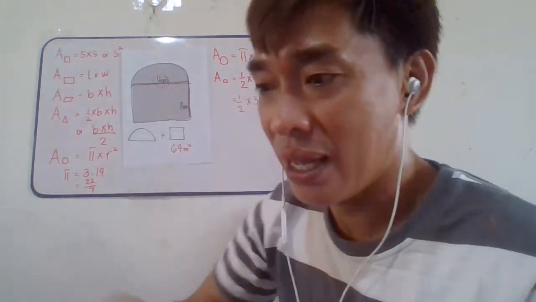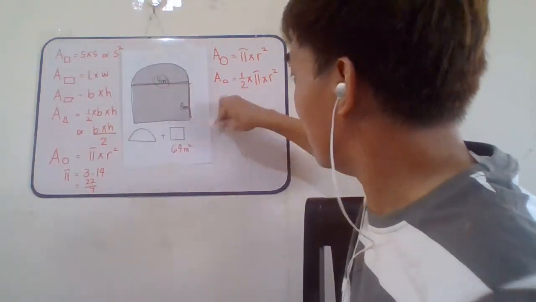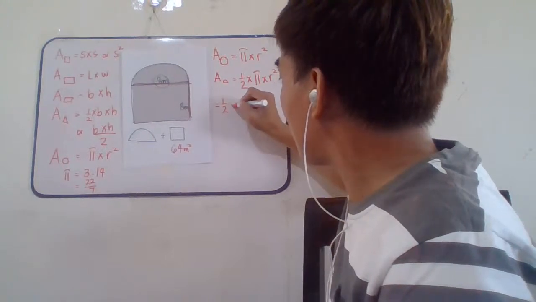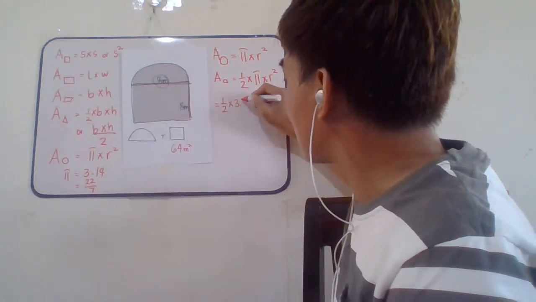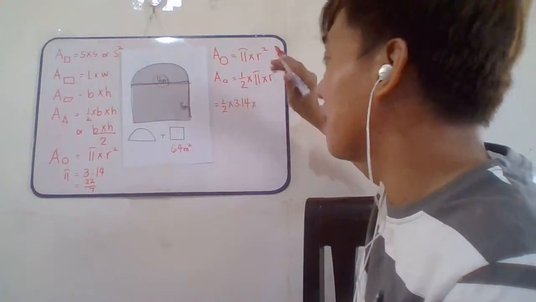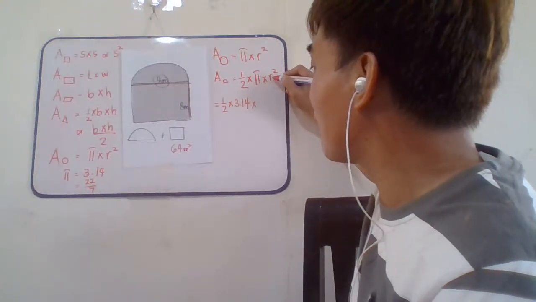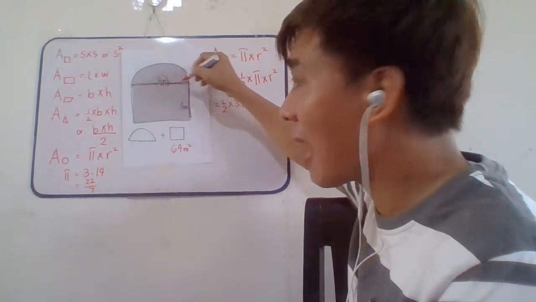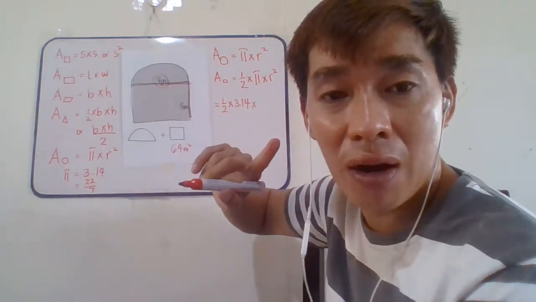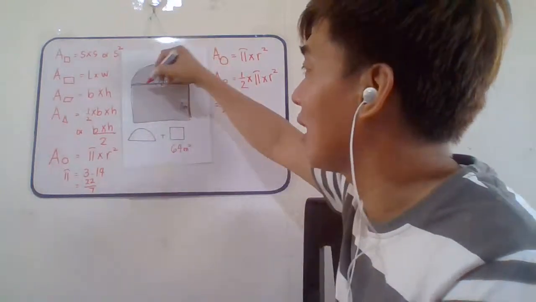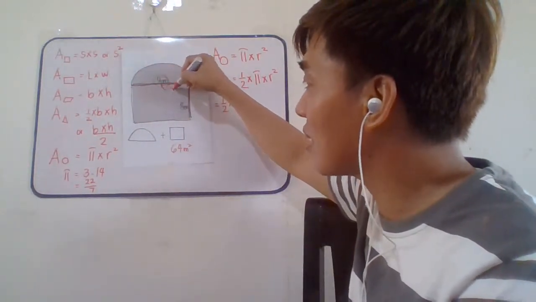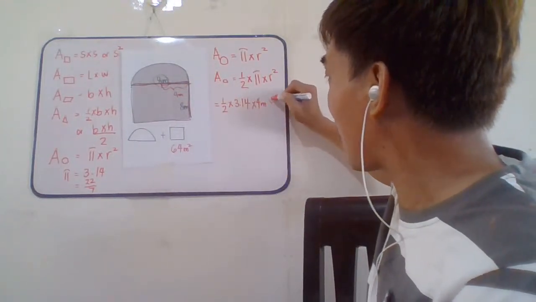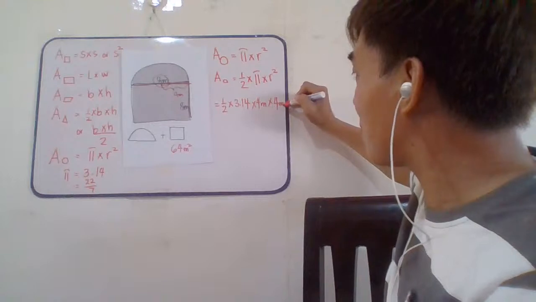Again, that is equal to 1/2 times the pi, which is 3.14, and the radius is half. Remember that is half of the diameter. This is the diameter, so the radius here is 4 meters. So 4 meters times another radius, 4 meters.